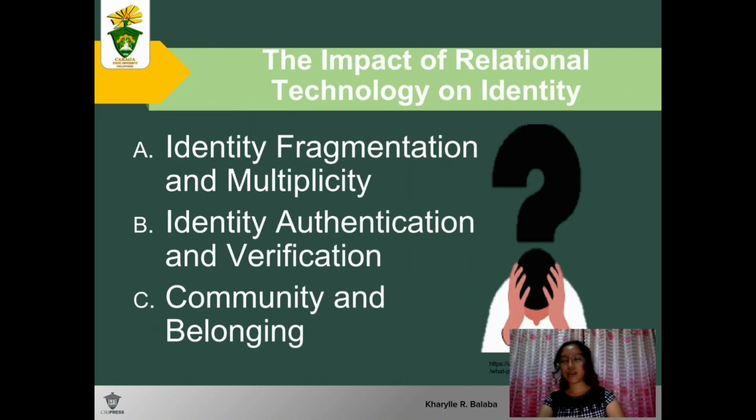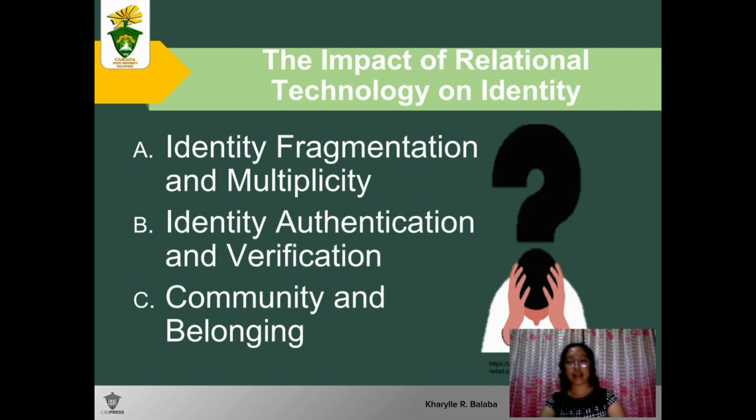Let's talk about the impact of relational technology on our identity. Relational technologies like social media, online communities, and messaging apps allow us to express ourselves and interact with others. But they also bring challenges in how we manage and present our identity. Let's talk about identity fragmentation and multiplicity.